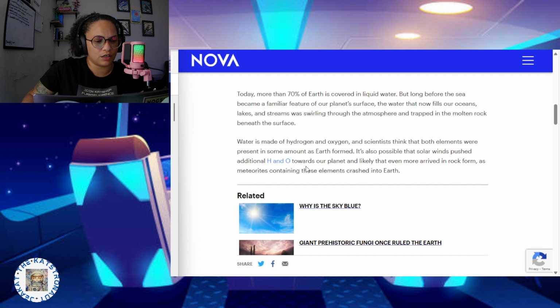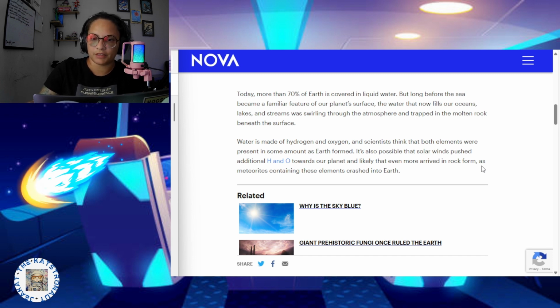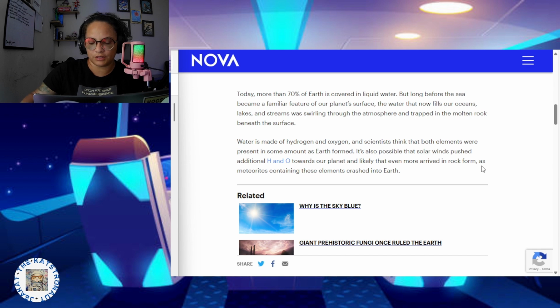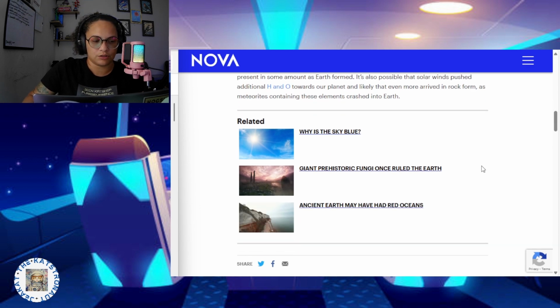As we see here, they also say that it's possible that the solar winds pushed additional hydrogen and oxygen towards the planet, and likely that even more arrived in rock form. So, as we see from testing asteroids and as we see from comets, water can exist just on rocky objects out in space, so that also makes sense.